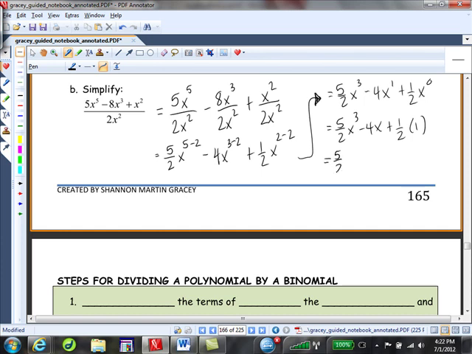So we'll get 5 halves x cubed minus 4x plus 1 half.